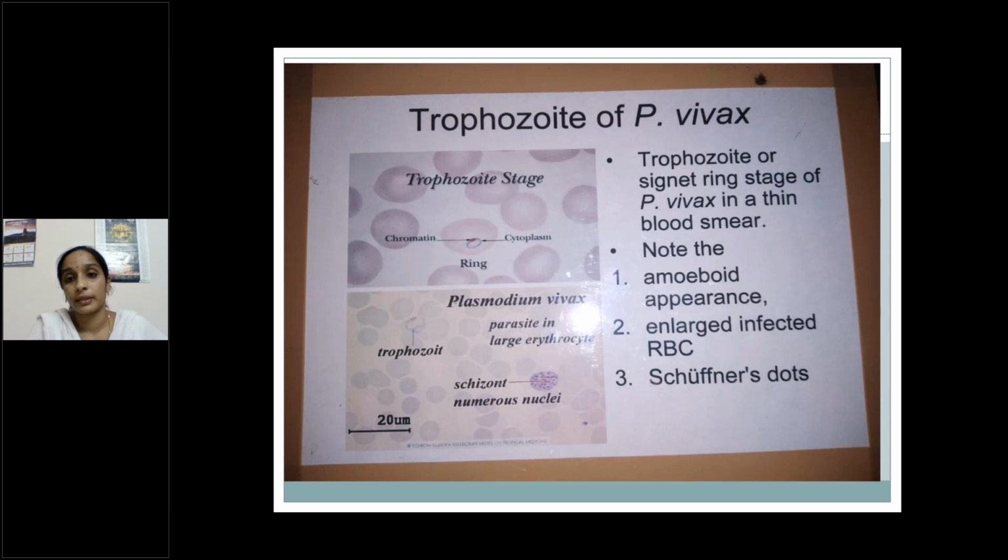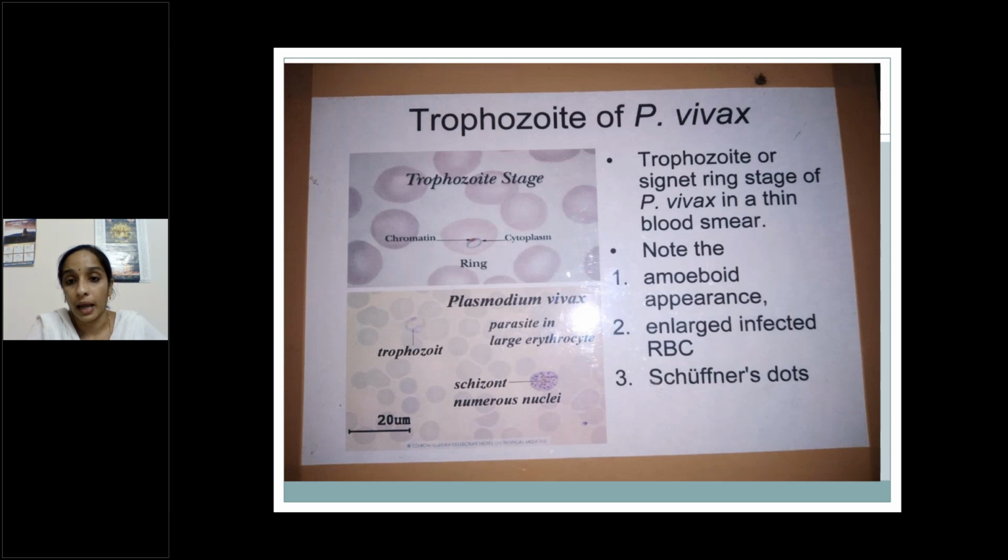Note down the points: trophozoite or signet ring stage of Plasmodium vivax in a thin blood smear. Next, you have to note the particular peculiar identification points.